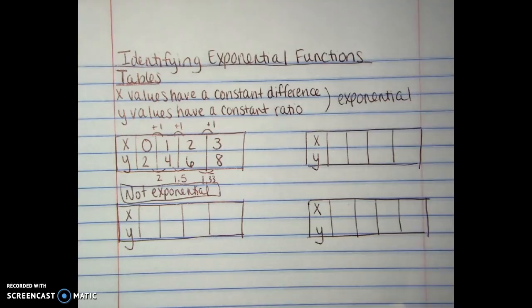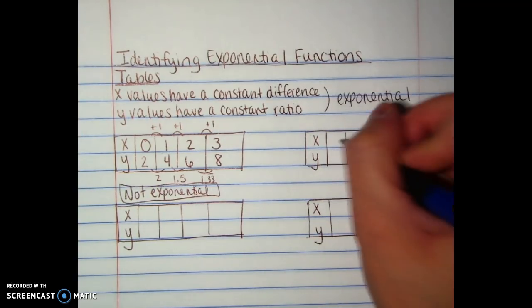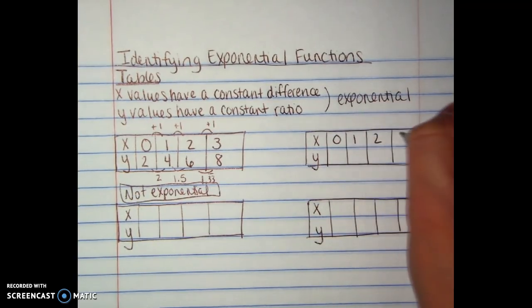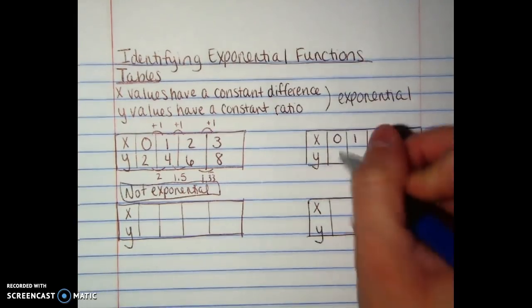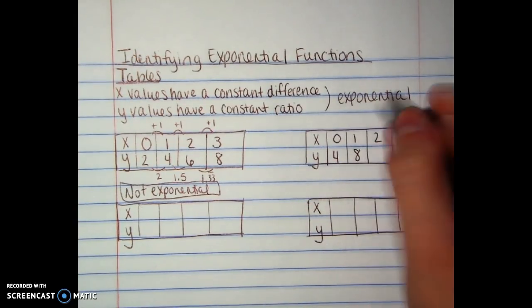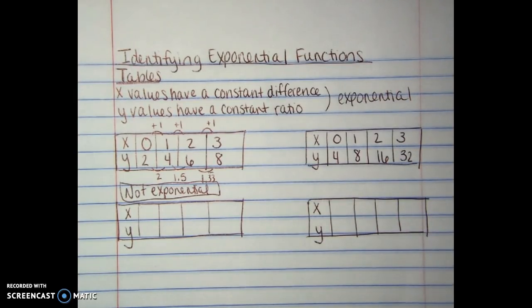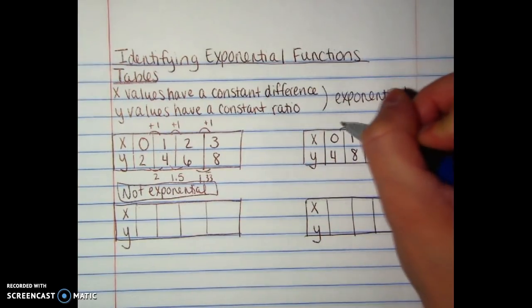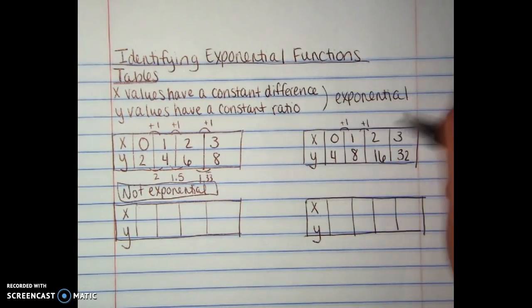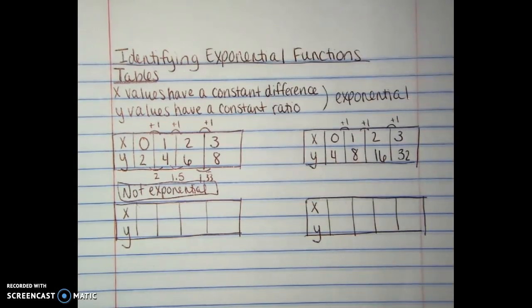Okay, let's look at this one over here. We're going to do 0, 1, 2, 3 again. And then we're going to do 4, 8, 16, and 32. Okay, so we already know that the top goes up by 1 each time because it matches this one over here, but I'll just write plus 1, plus 1, plus 1.